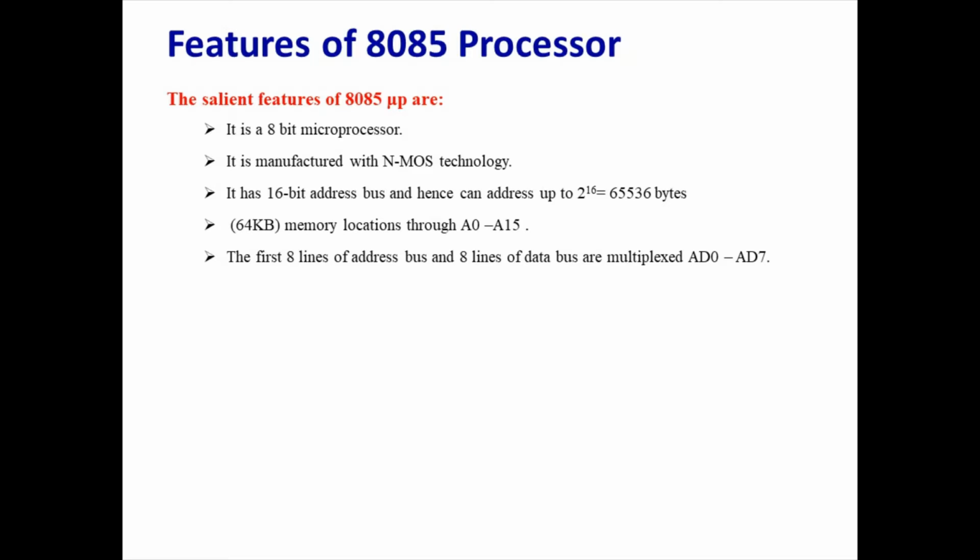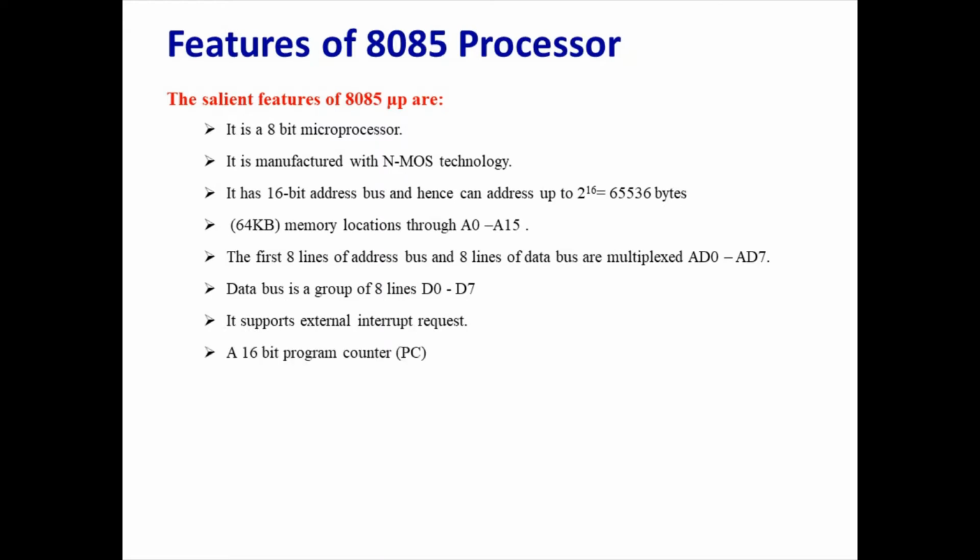The lower 8 lines of the address bus and the 8 lines of the data bus are multiplexed as AD0 to AD7. The data bus is a group of 8 lines, D0 to D7. It supports an external interrupt request. It has a 16-bit program counter and a 16-bit stack pointer.